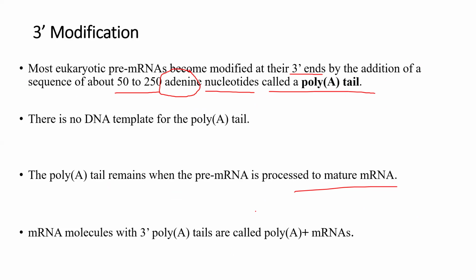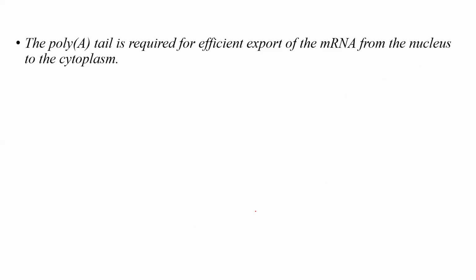mRNA molecules with 3' poly A tails are called poly A plus mRNAs. What is the function of poly A tails? If there are functions of the 5' cap, there will be some function of this poly A tail or 3' modification. We have spoken about coupled transcription and translation in prokaryotes in the previous lecture.